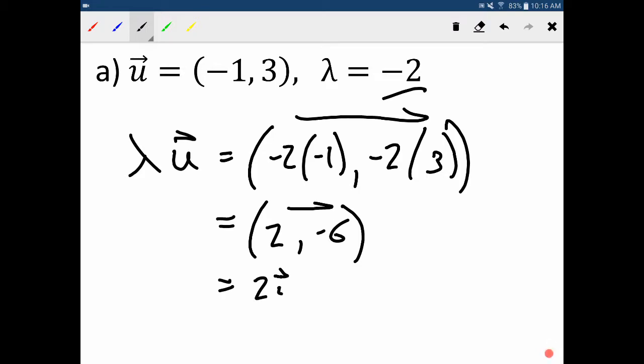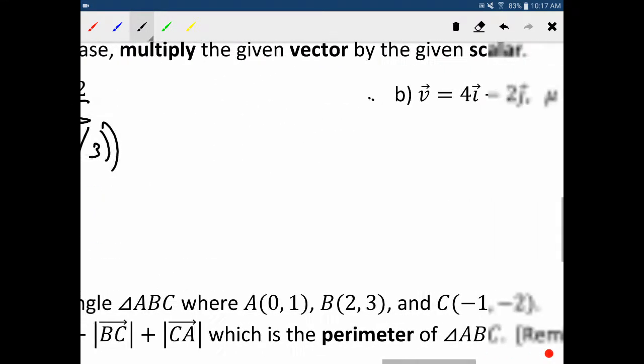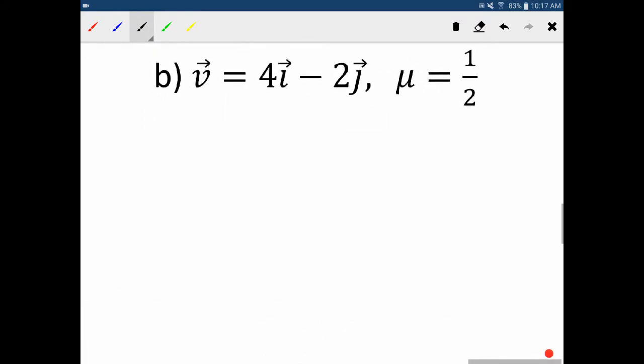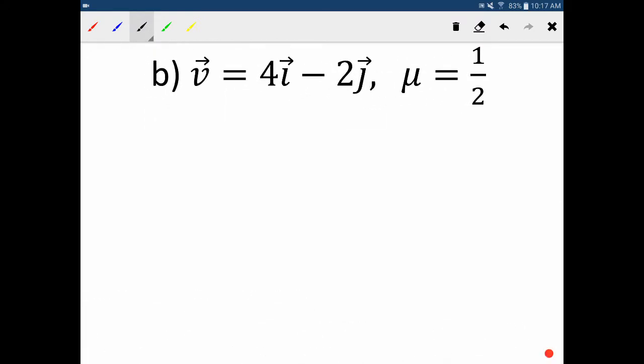There we go. I'm going to write this using the unit vectors. In a test situation, if I do not specify which of these two forms to use, you only have to give one. Unless it specifies, you only have to give one of those two answers. Either one is correct, and in this scenario, neither is better than the other. Okay, so let's just do mu times v here.